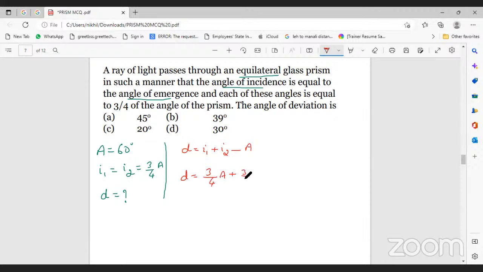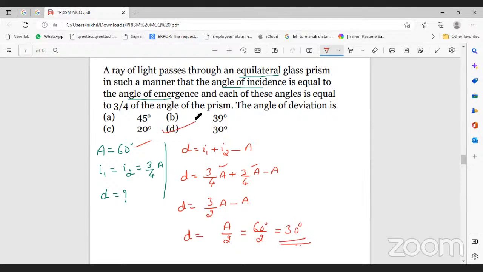I2 is also 3 by 4A, minus A. So 3 by 4A plus 3 by 4A is 3 by 2A, minus A, so D will be equal to A by 2. What is A they have given? 60 degree, so 60 degree by 2 is 30 degrees. So what is the angle of deviation? Option D. It is 30 degree.